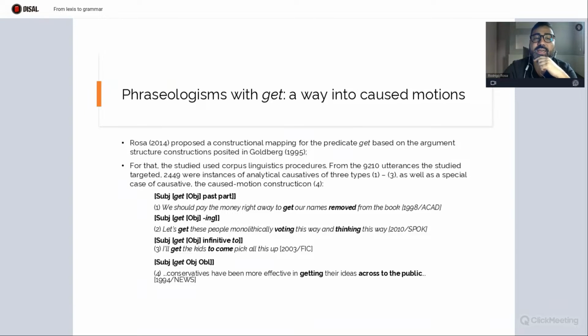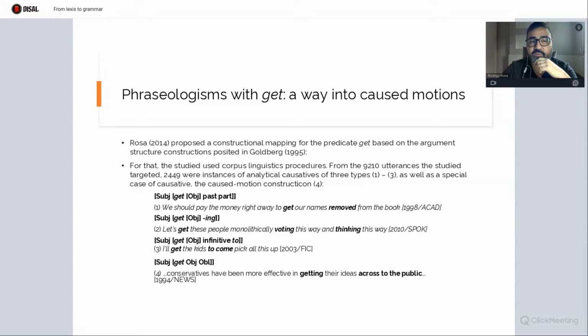2,449 were examples of analytical causatives, right? Analytical causatives of the three types exemplified here, as well as a special case of causative that is called the caused motion construction.